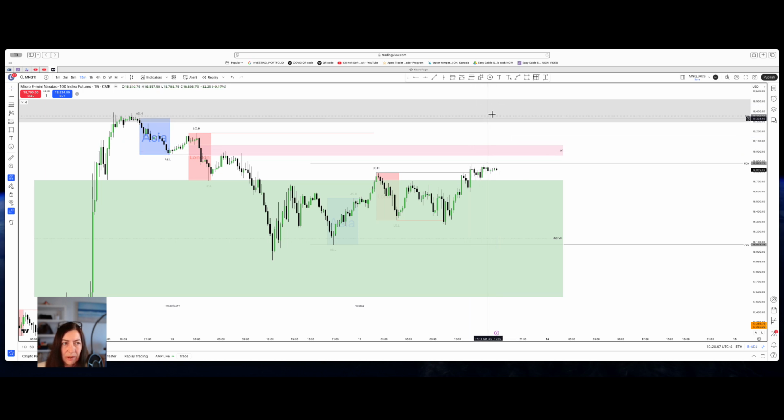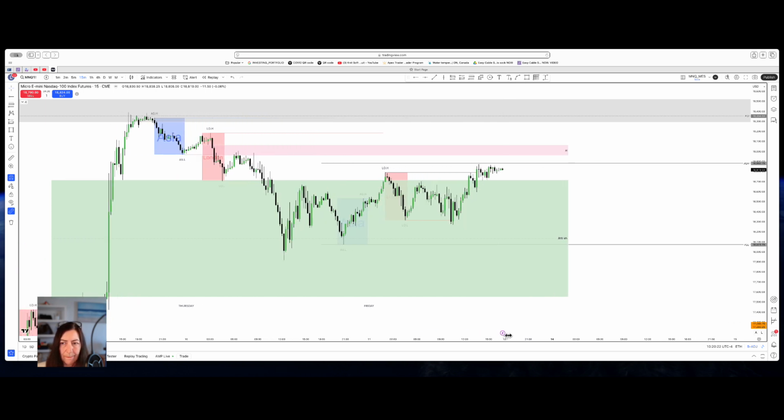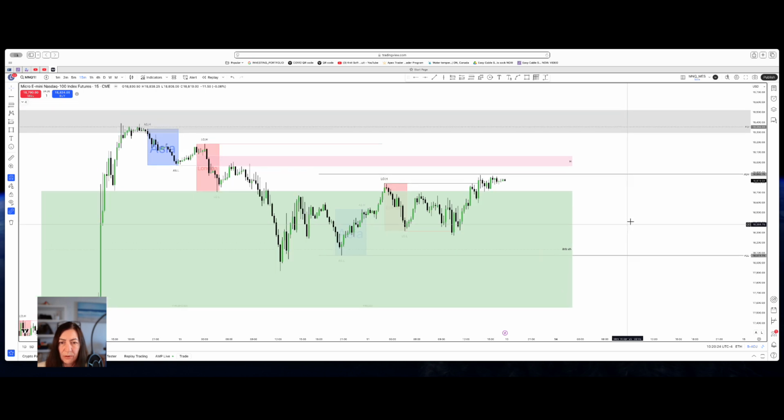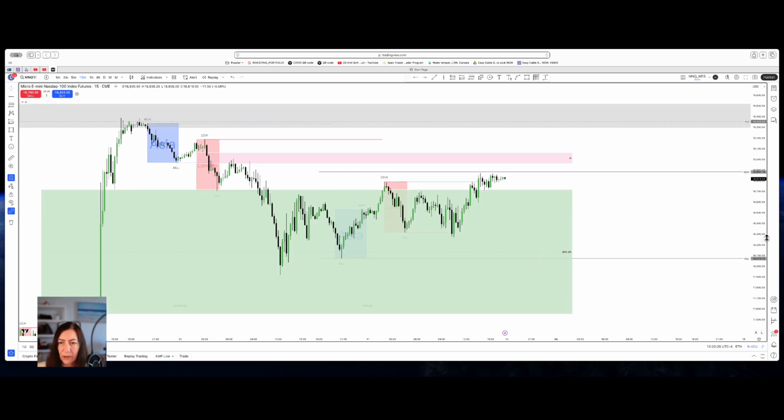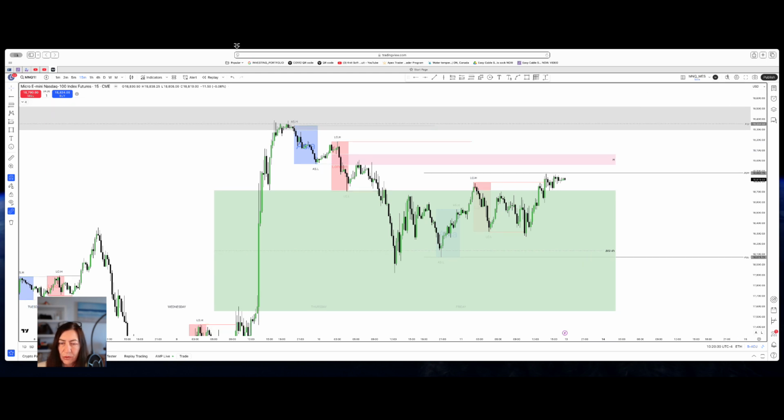We have our demand zone here, and we have this untouched, unbalanced area down here in this BISI. So that is what we are going to be looking at this evening as the market opens and into tomorrow.